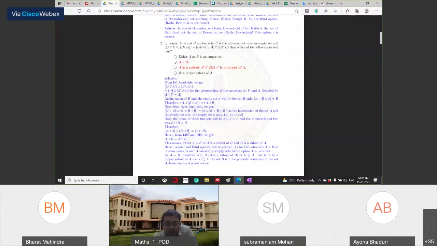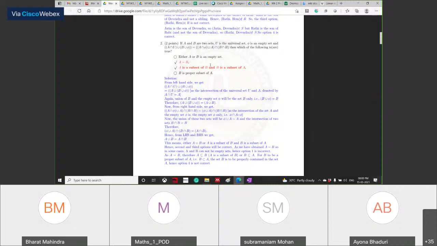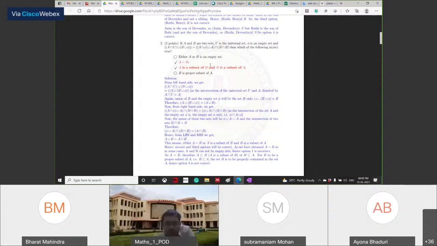Okay, fine. After resolving both the sides, I'm able to get to that last bit of A union B, A intersection B.